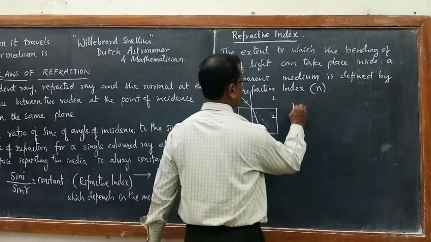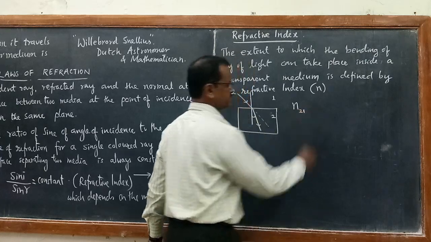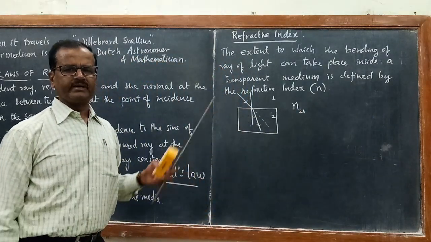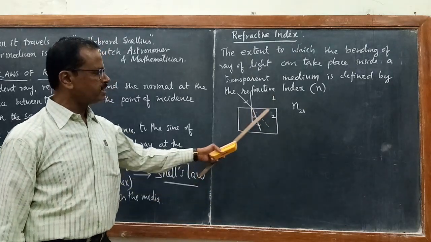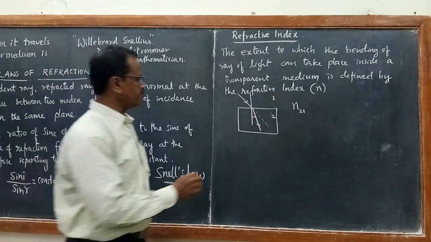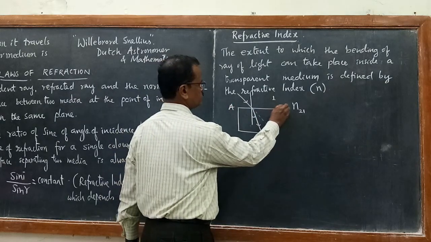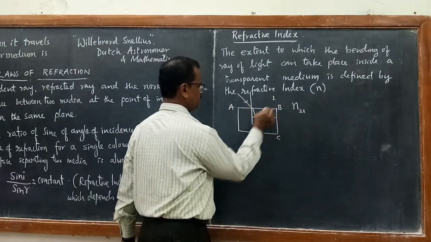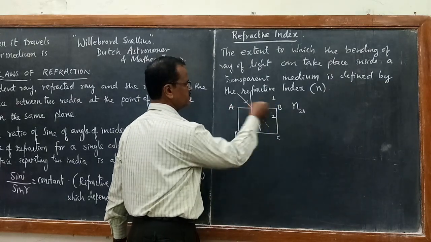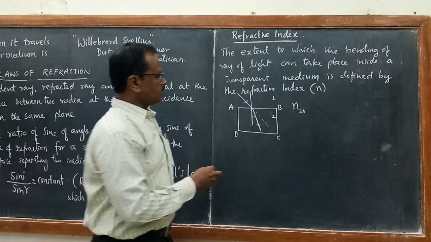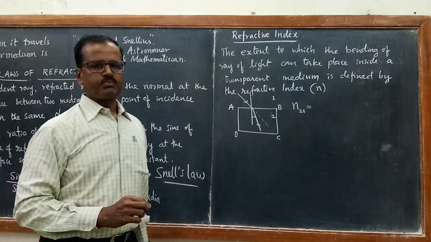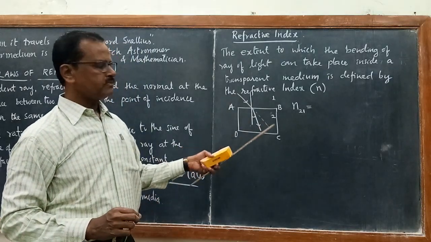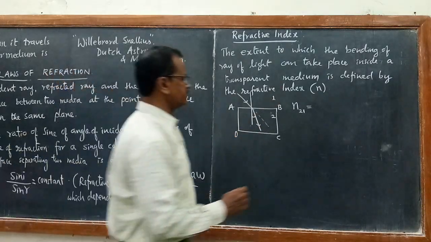Now we always define refractive index as a relative refractive index. It depends on the two media. It depends on the interface separating the two media. The interface separating the two media here is AB. AB is the interface which separates the two media. So here it is given by the ratio of the speed of light in the rarer medium to the speed of light in the denser medium.